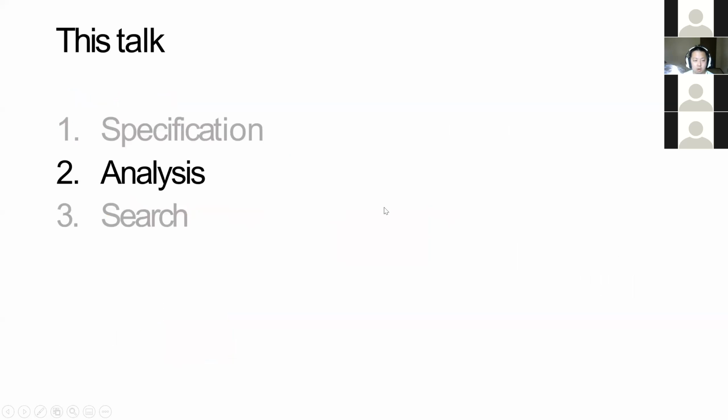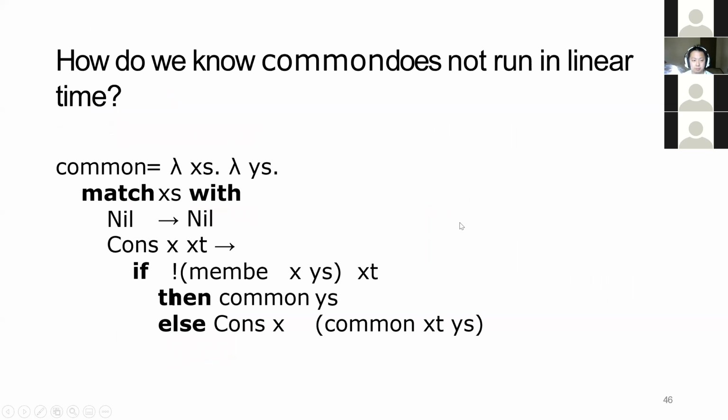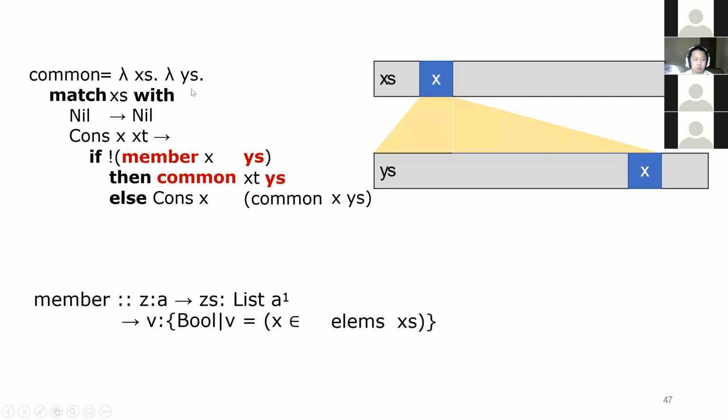Now, how can we analyze the resource usage of a given program? Let's look at this example implementation. I'll describe the function again. You take two sorted lists, xs and ys, and you match on xs. You take one element x from the list xs and check if x is a member of the second list ys.